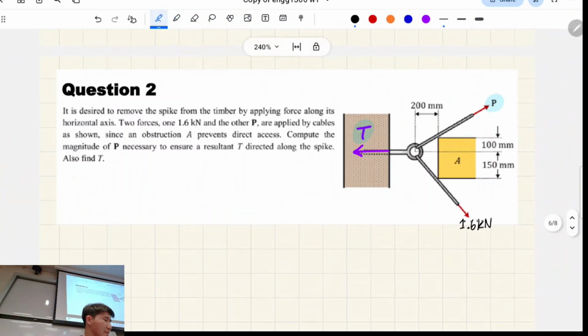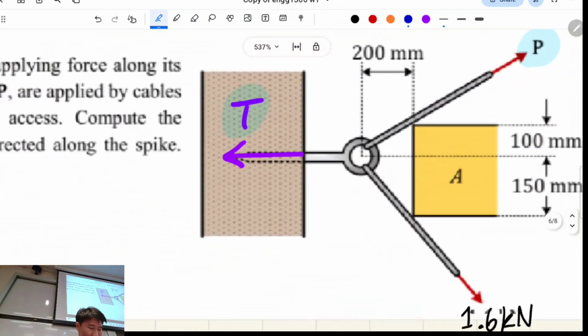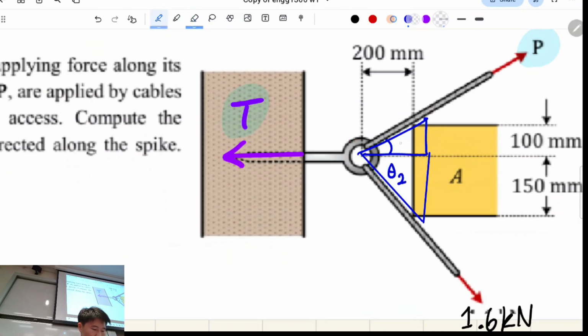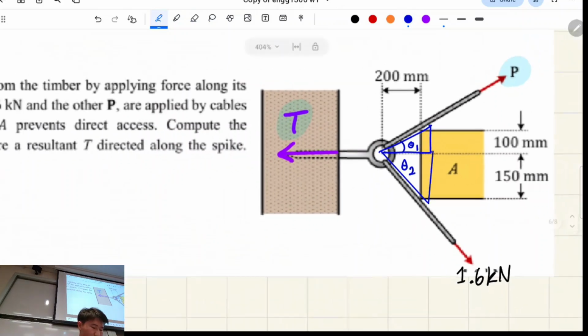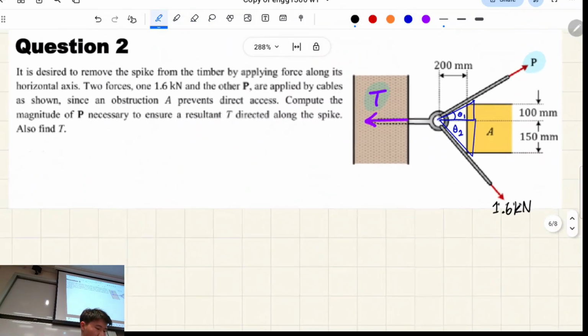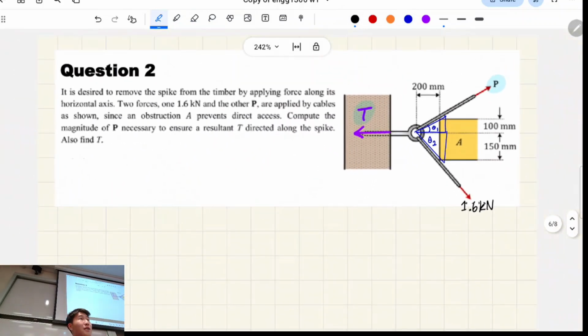Okay. The first part of this question, which is kind of weird, is that with this obstruction, we're going to have to find the angle first that makes it so that these two ropes barely aren't obstructed. And then after we do that, we're going to find T and P.